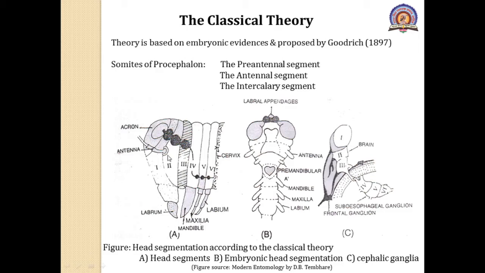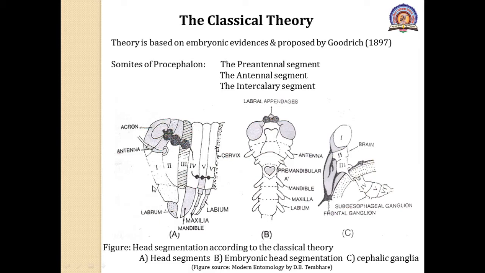Then the second one is the antennal segment, obviously so called because it has the antennae on that segment, and the third one is the intercalaris segment respectively. So in this way, according to this theory, the segments of the procephalon are 3 in number, namely preantennal, antennal and intercalaris segment. So let's see one by one.